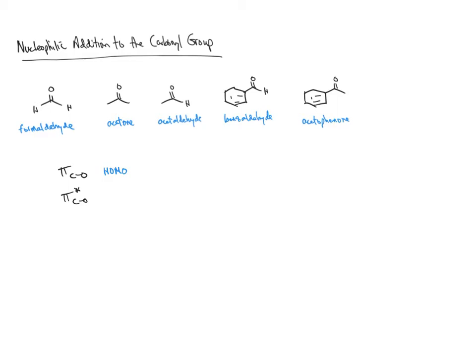The pi star CO, of course, is the LUMO, and it's going to be polarized more towards carbon, which means that it has the more delta plus charge on the carbon atom.